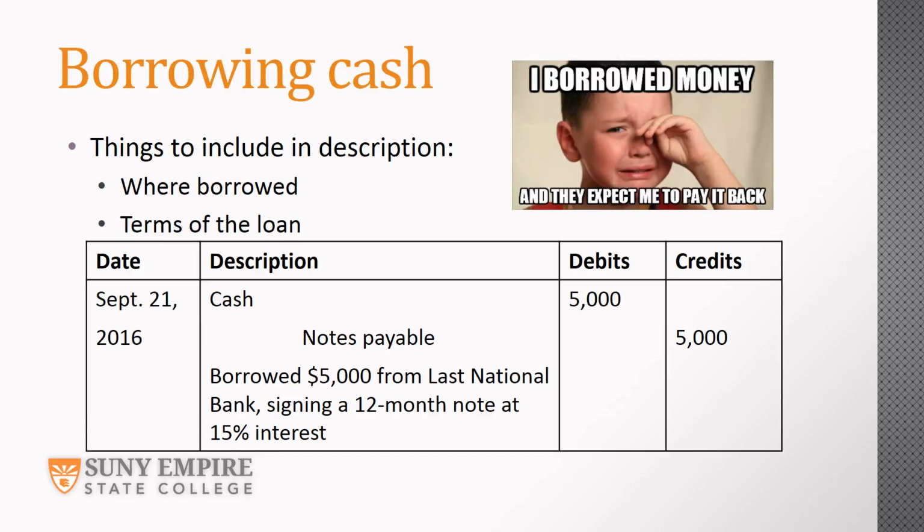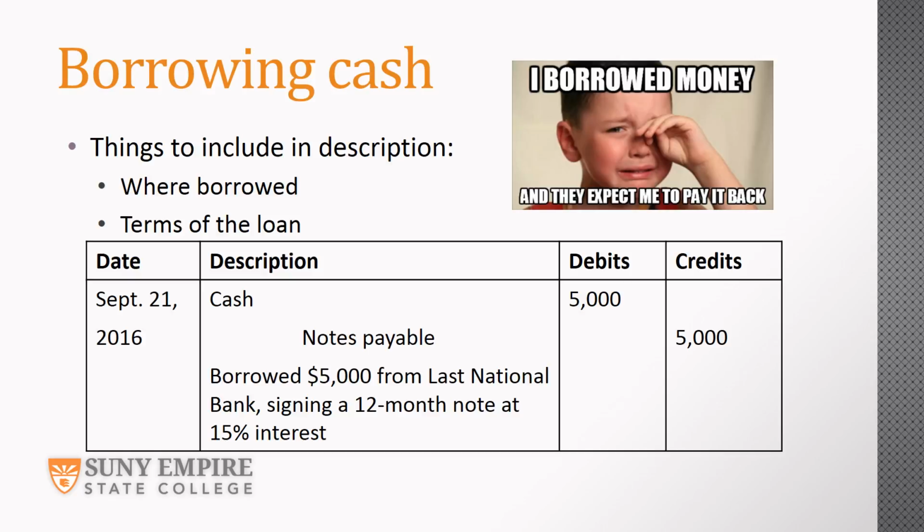One method for acquiring cash is to borrow it from a bank or other lending agency. Unfortunately, they want to get paid back. In fact, they usually will charge interest and require that the amount be fully repaid in a certain amount of time. These are important facts that should be included in the description for the transaction in the general journal entry.